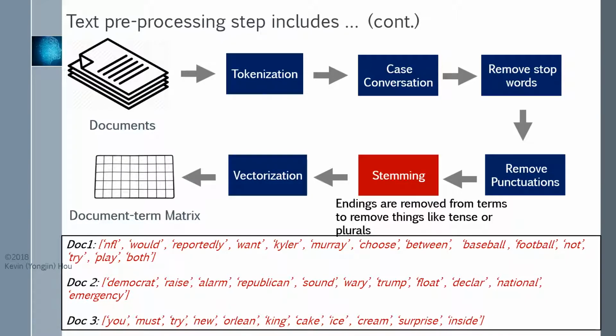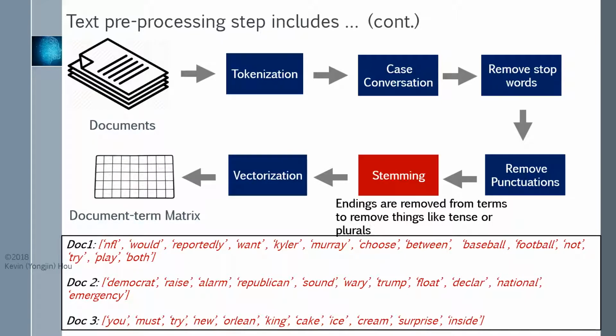Again, the reason we're doing this is for topic modeling purposes. Tense or plural versus singular does not really give us a lot of good information, even though in common daily English writing or speaking it has good usage, but not for our purpose, which is topic modeling.